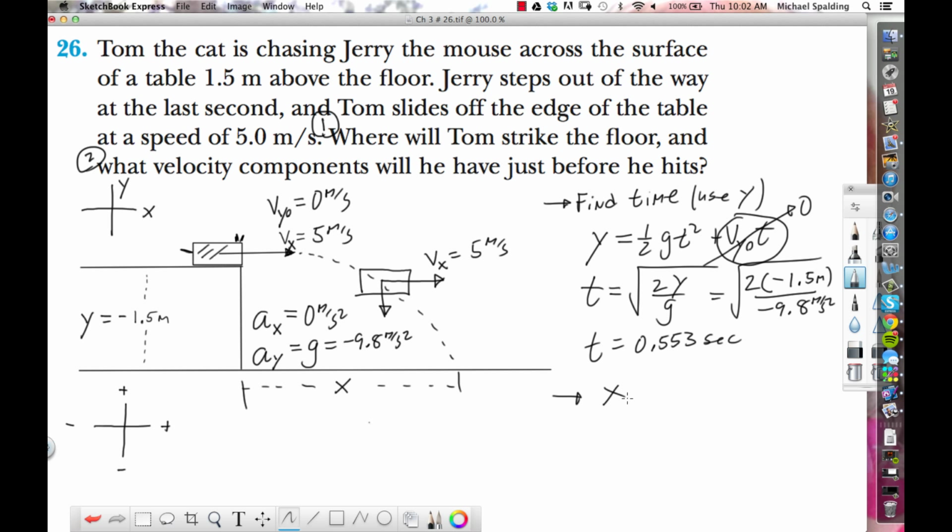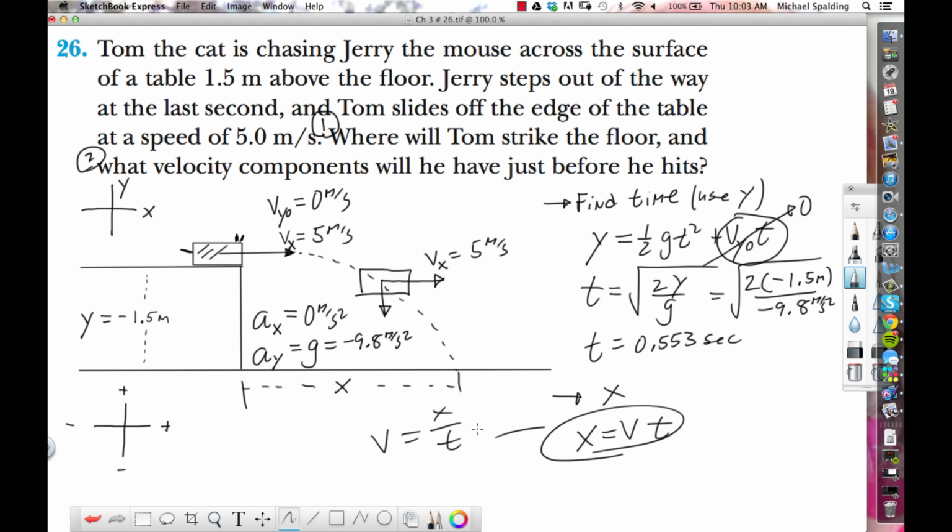So now that we know the time in the air, we can solve for x. Where will Tom the cat hit the ground? The only x equation, the 4 motion equations reduce to one equation, which is v times t. Horizontal displacement equals v times t. Basically, this equation is velocity is displacement over time.